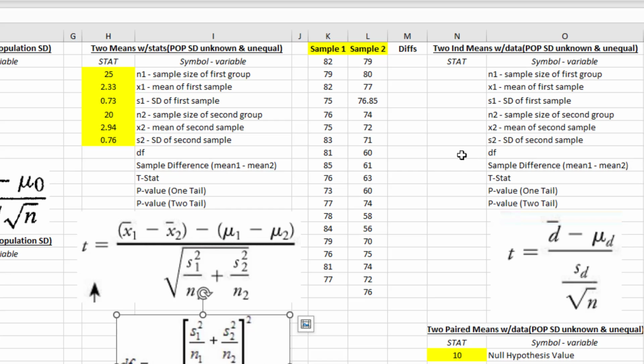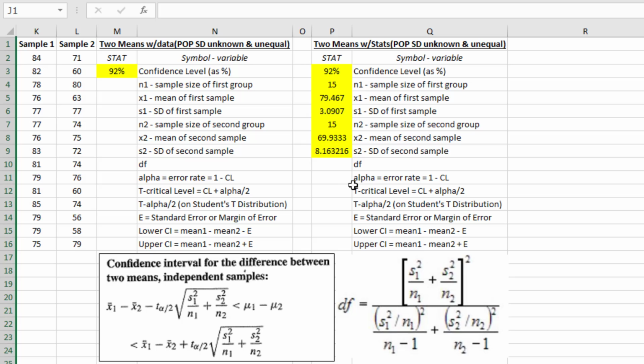So if you have this one already calculated, you can copy it and paste it, and because it's in the same relative position to where all the same numbers are going to be, i.e. sample one size and the mean of sample one, and so on and so forth, it will basically still calculate the same thing correctly. So you could do a copy and paste.